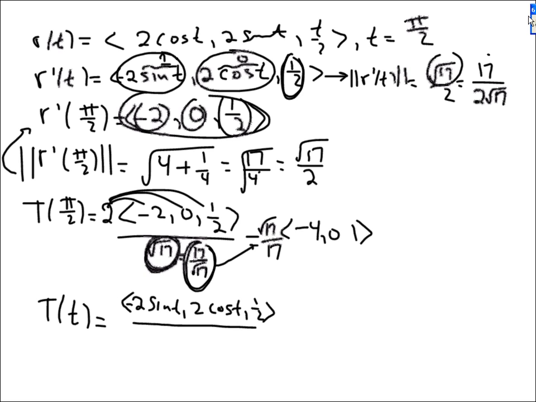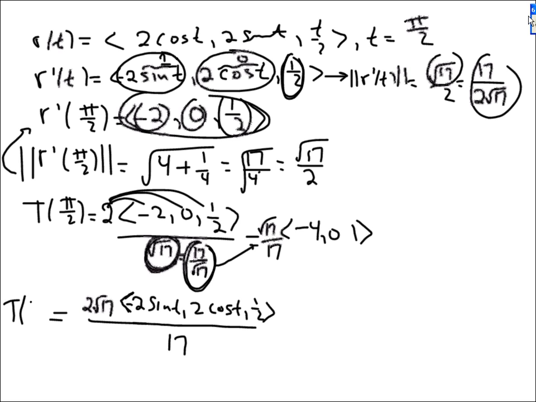So I want to divide by 17 over 2 square root of 17.